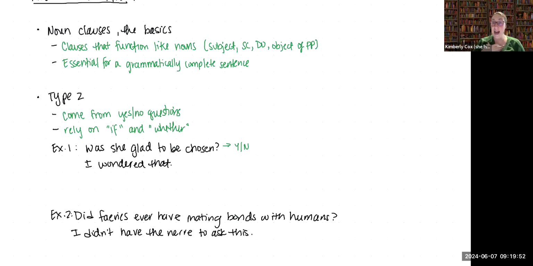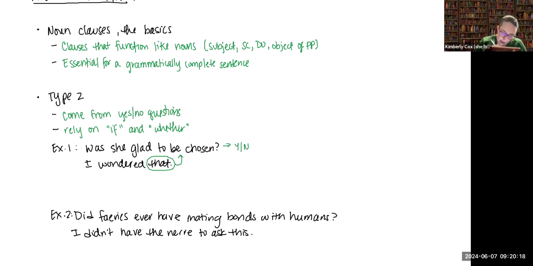I wondered that. So it's a declarative statement, but that refers to that yes/no question. So the form of noun clause that we get with a type 2 noun clause is we can replace that with the entire clause as long as we're using the word if or whether.